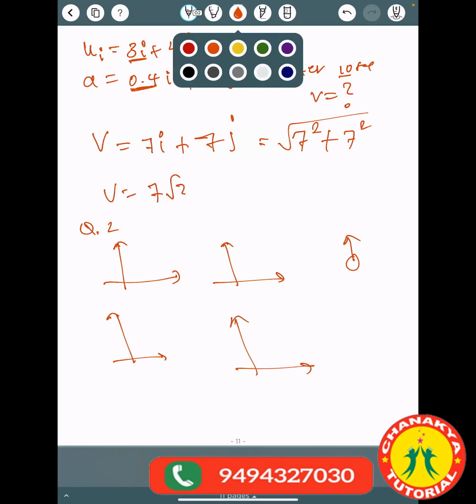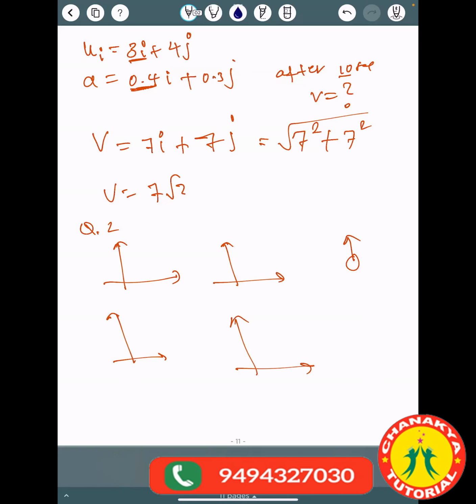The first option is like this, VT graph they have given. The second option is like this. The third option is like this. And the fourth option is like this. Tell me which is correct.